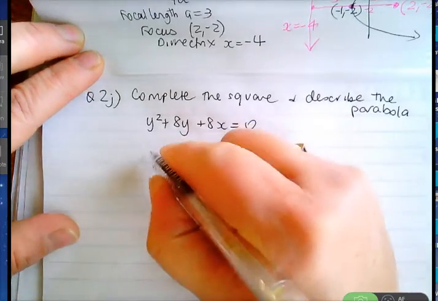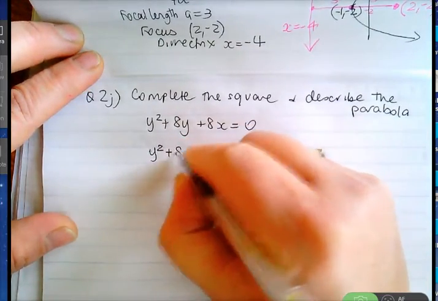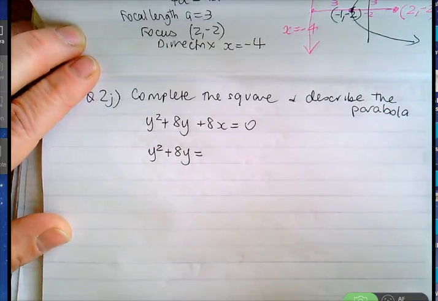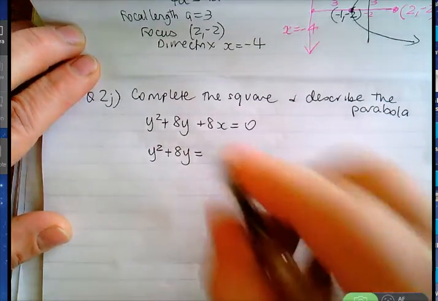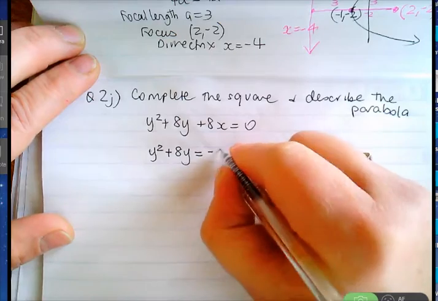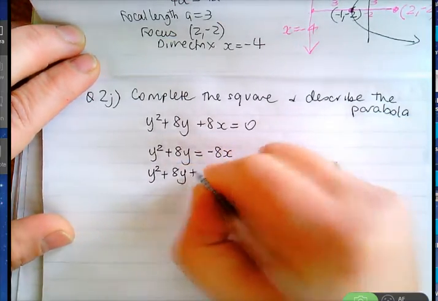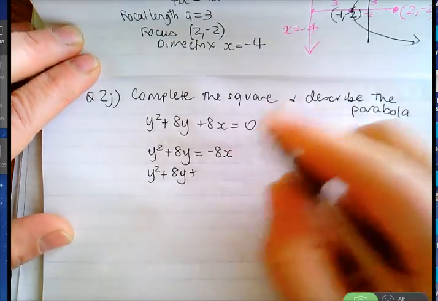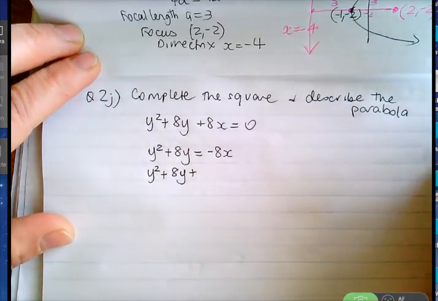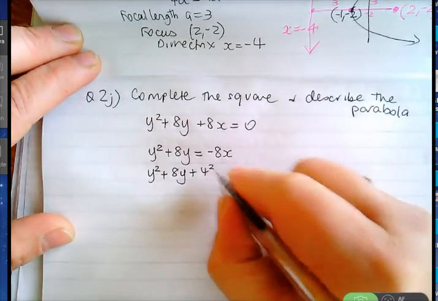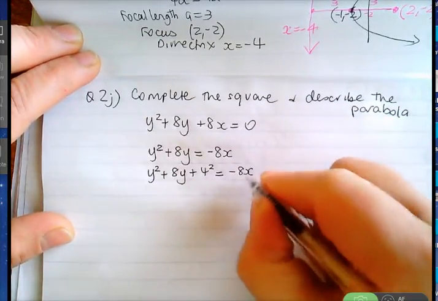All right, you know what to do? What do you do? What do you take over? Then you complete the square on this. You halve the term in front of the y. Okay? We good?